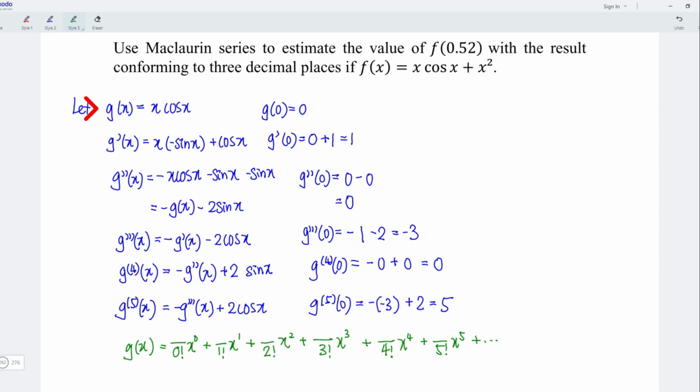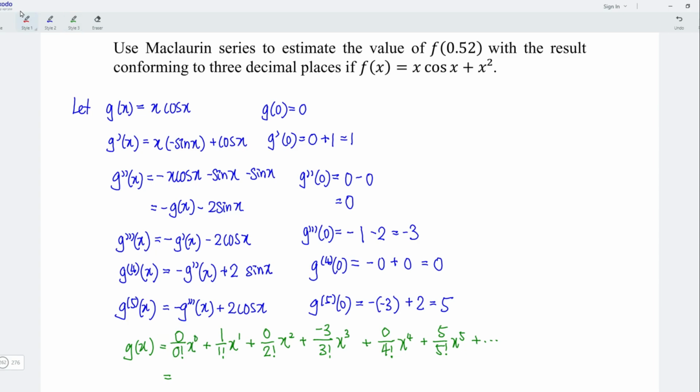For the original function, we can treat it as 0 order. So 0 order, we should put it here. That is, we put 0 here. First order, we have 1. Second order, 0. Third order, negative 3. Fourth order, 0. And for the fifth, we have 5. Simplify, anything multiplied by 0, we get back 0.